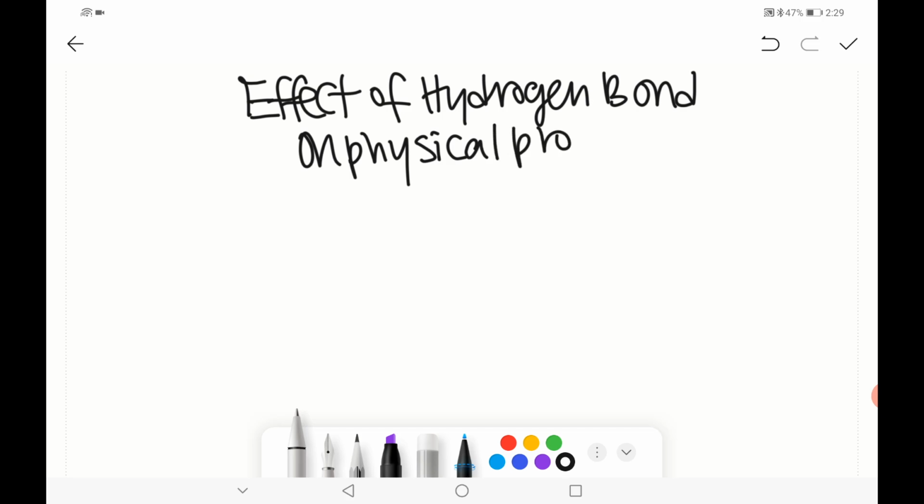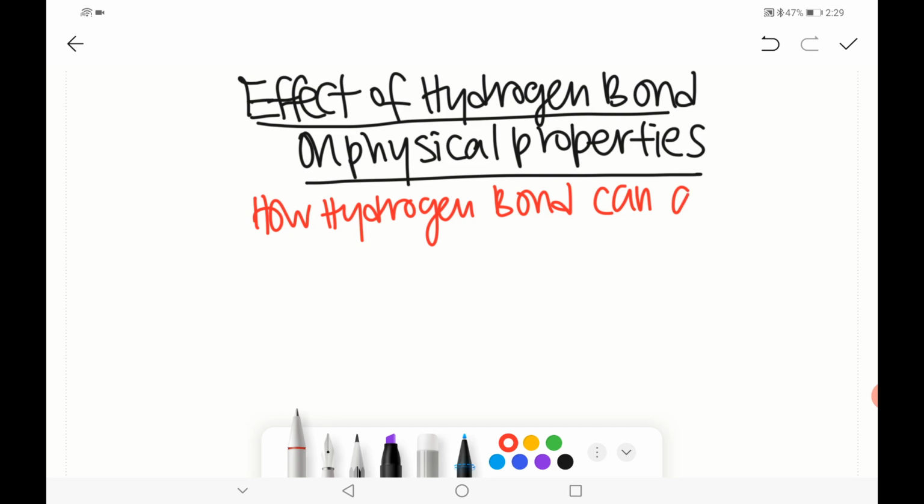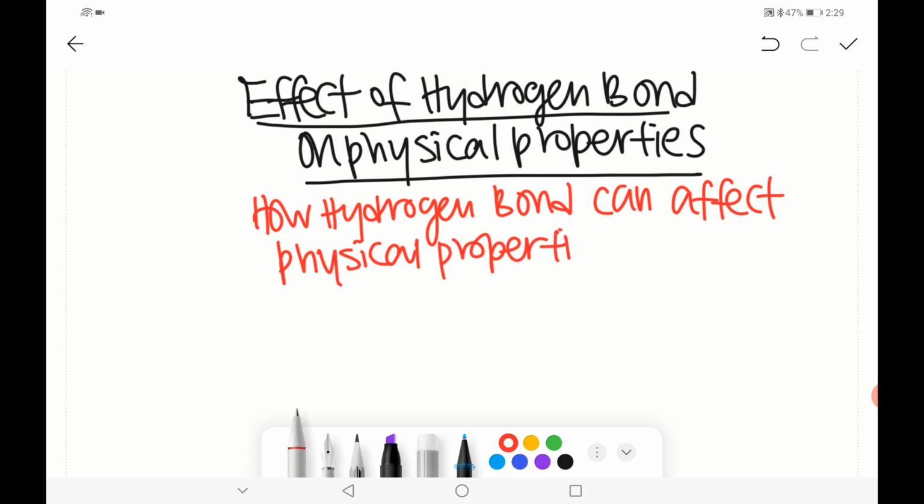Which means that if you have hydrogen bond, how will it affect your properties? In short, how the hydrogen bond can actually affect the physical properties of a substance.